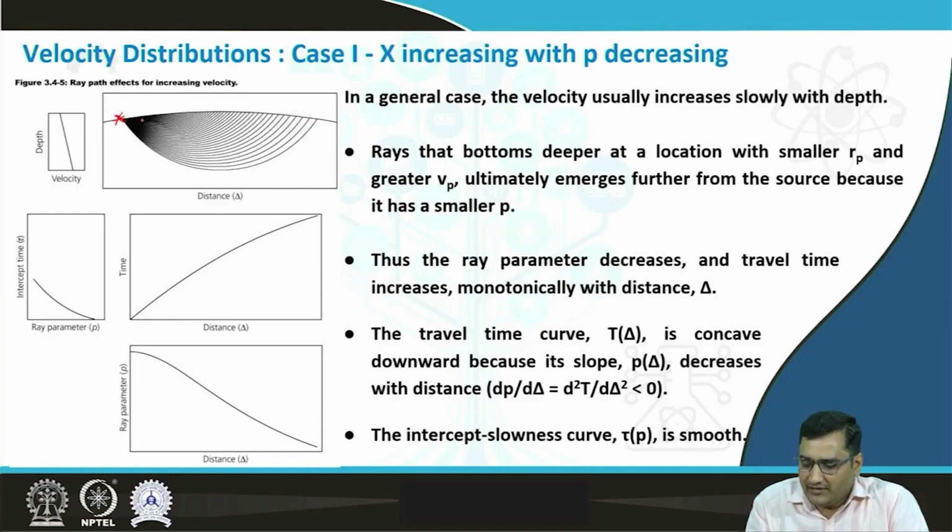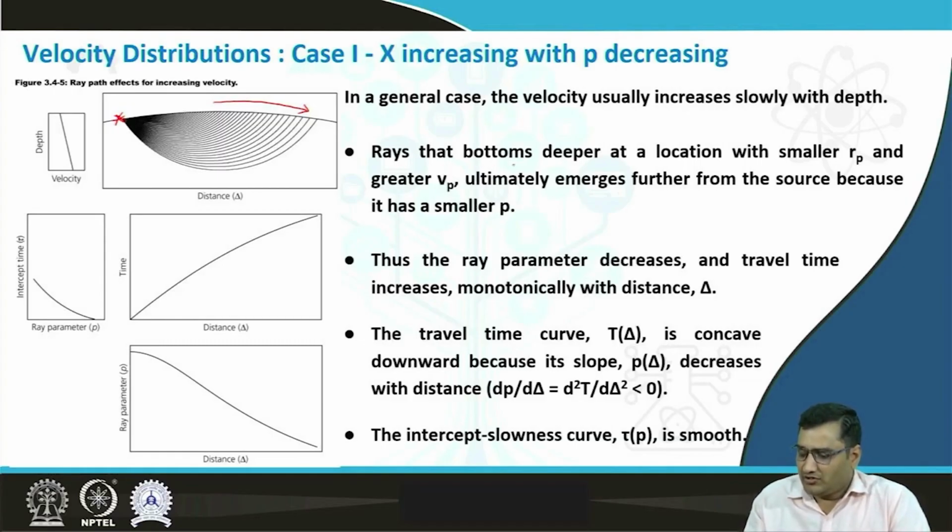If you look at these rays, you will observe that the ray parameter decreases as you go away from the source. That means with distance, the ray parameter decreases over the surface, and that is what is written.